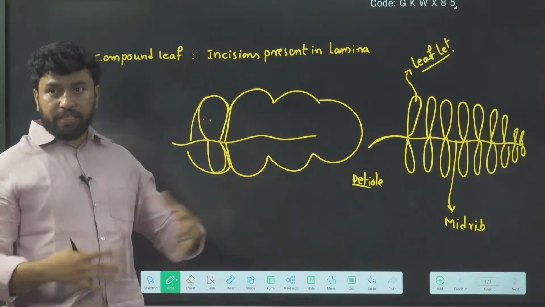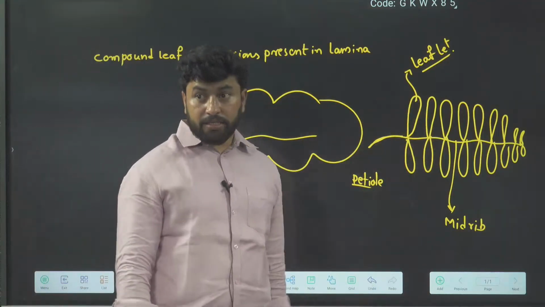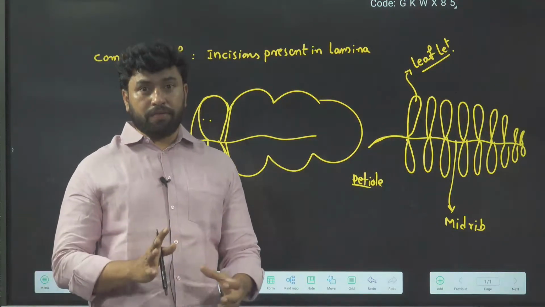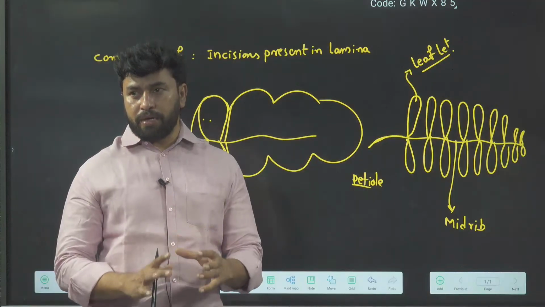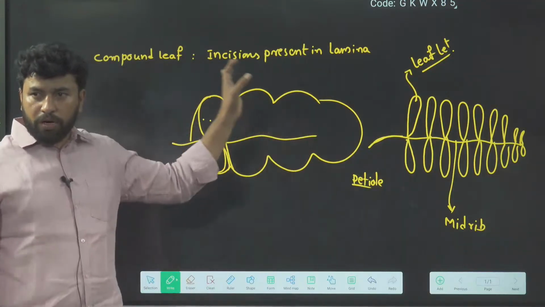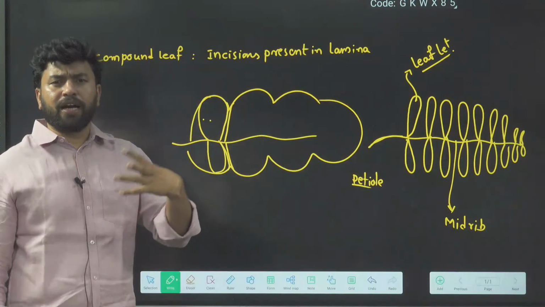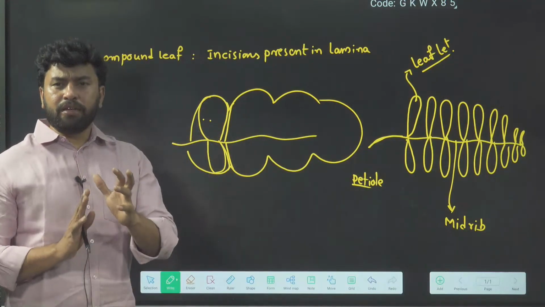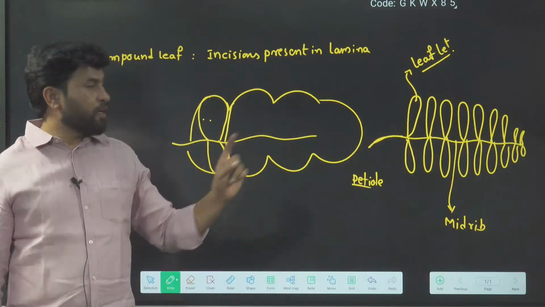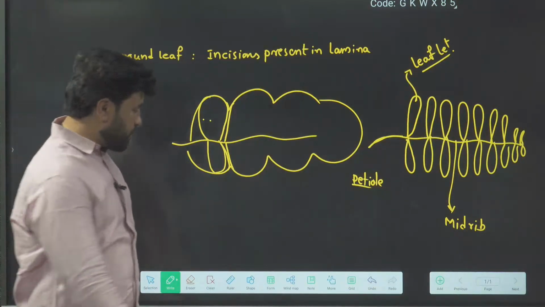If the lamina is incised into individual small parts, this phenomenon is called compound leaf or formation of compound leaf. Earlier it was a whole body, but gradually its lamina, due to adaptations, has been divided into individual parts. Those individual parts we call leaflets.